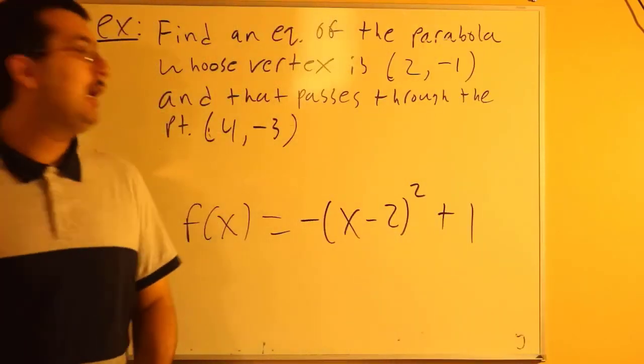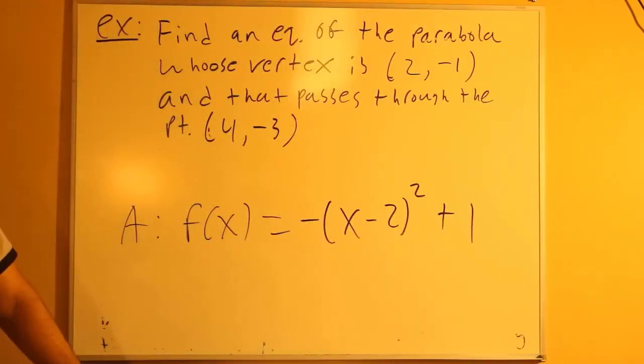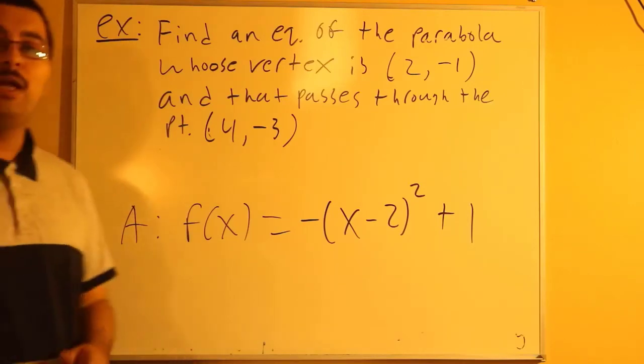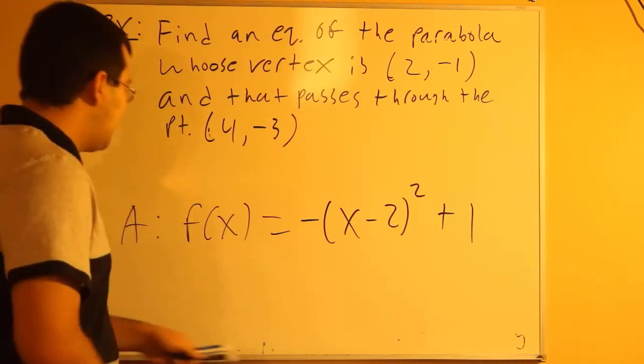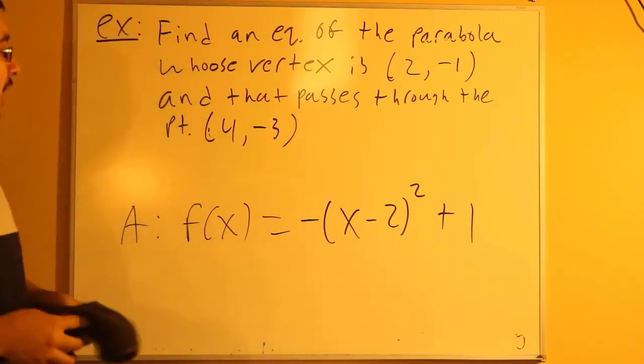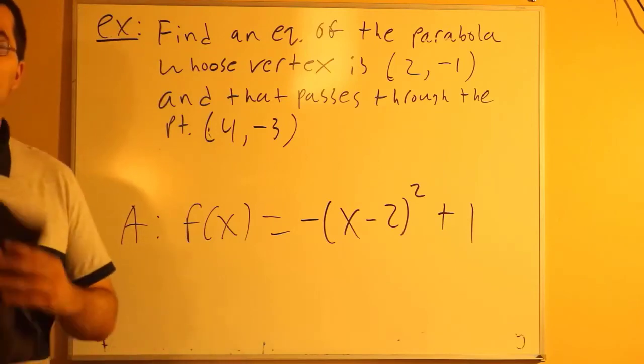So the function I got was minus (x minus 2) squared plus 1. Alright, so hopefully we have the same answer. If not, double check your work. And if you feel confident enough, I could be wrong, so call me out and we'll talk about it more then. Alright, so there is our next example. Let's go ahead and move on.